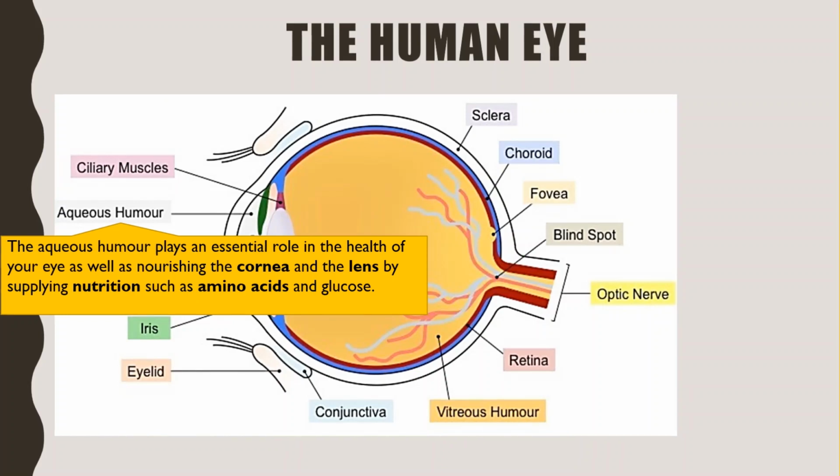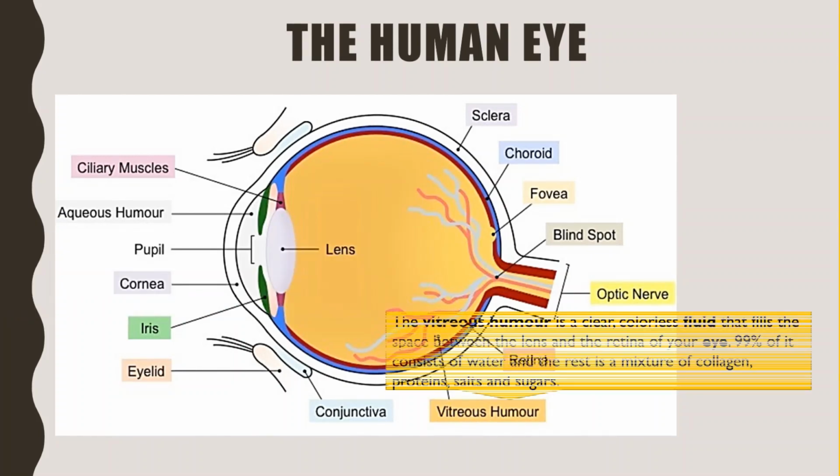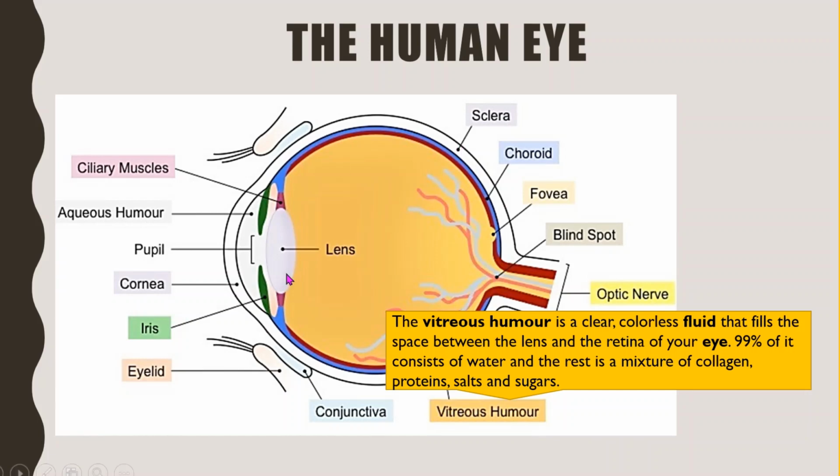That liquid is nothing but the aqueous humor. So aqueous humor is the one which keeps your eyes nourished all the time by supplying amino acids and glucose.